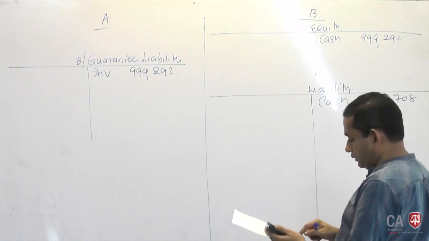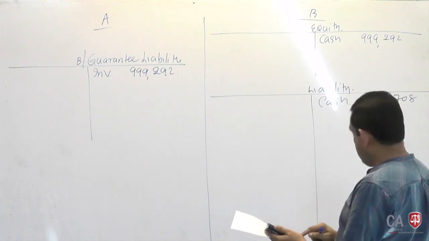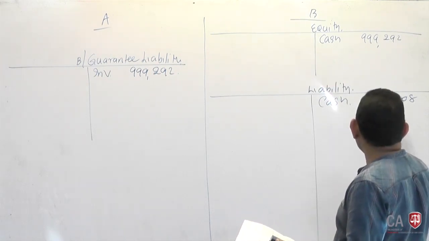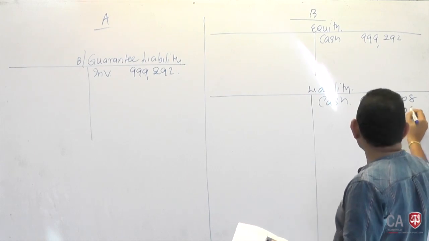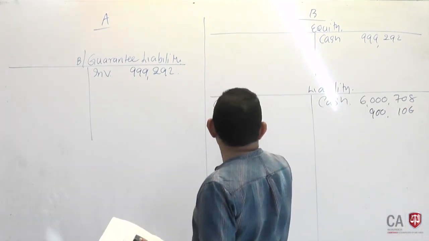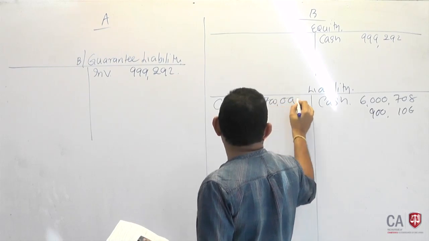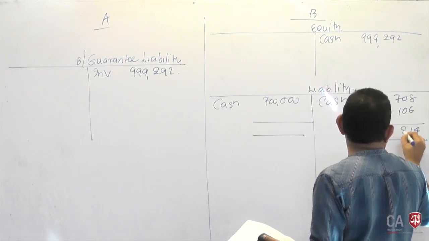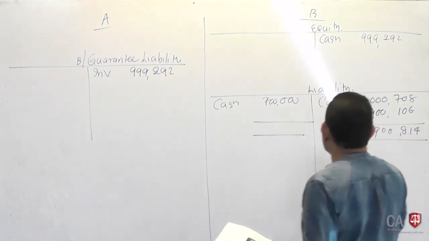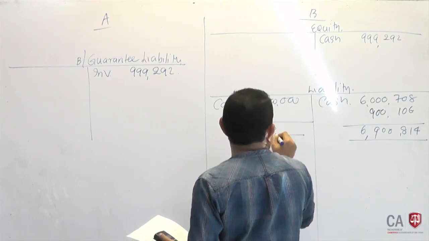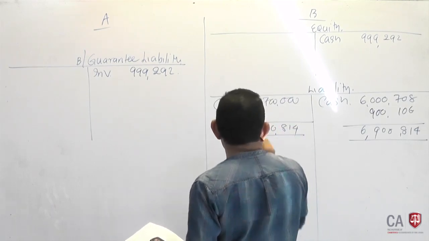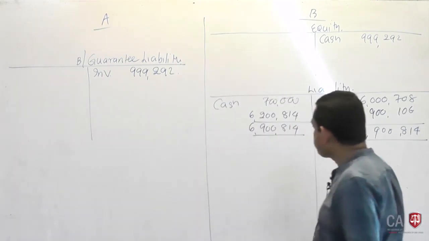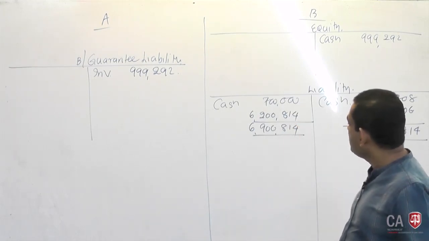So, then 6,708,000 into 15%, 900,106, and they should pay interest annually 700,000. Right. The balance is this.